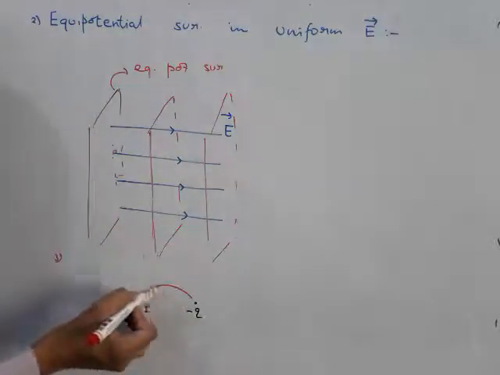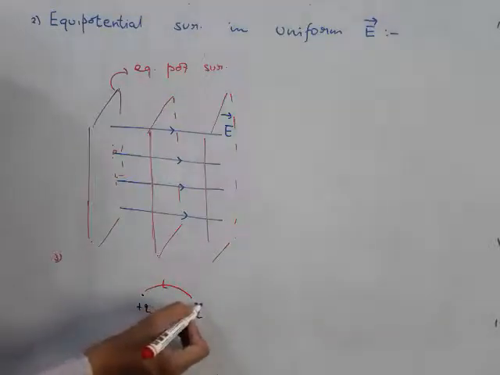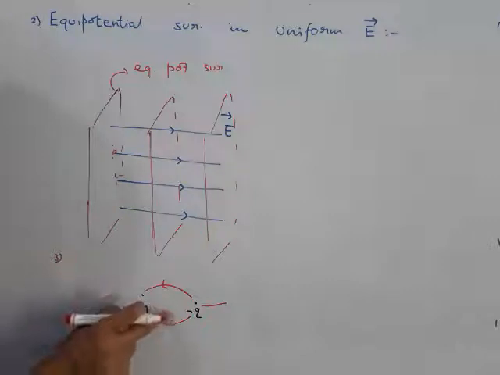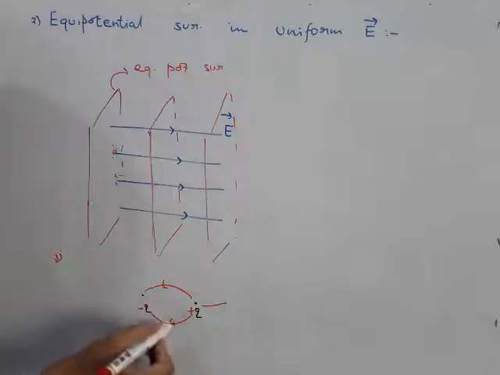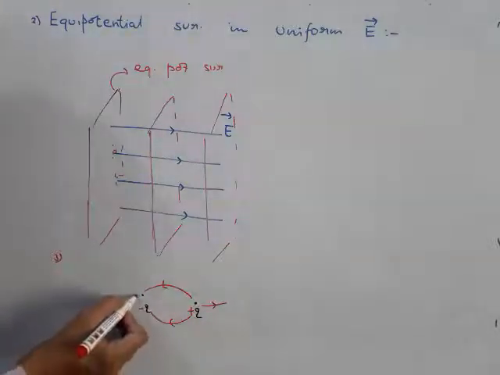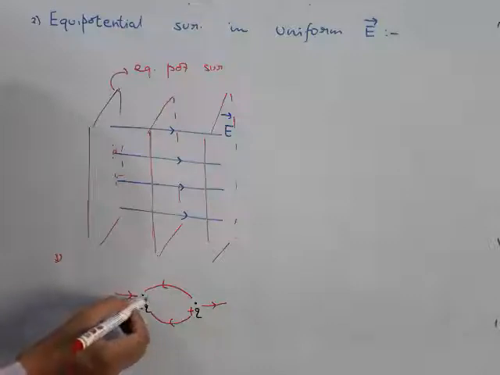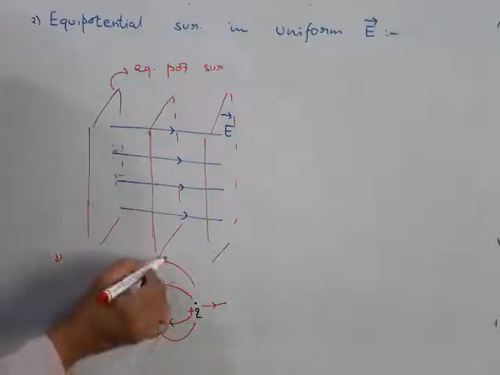Electric field lines originate from the positive charge and terminate at the negative charge. So this would be plus q, this would be minus q. So these are the electric field lines.